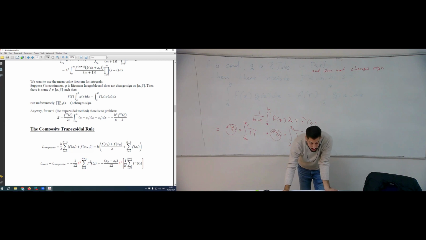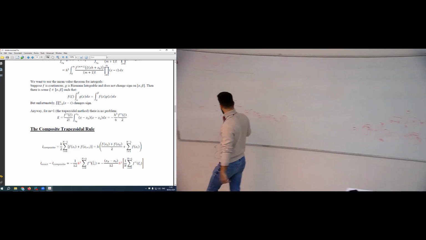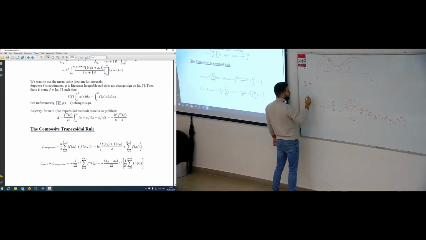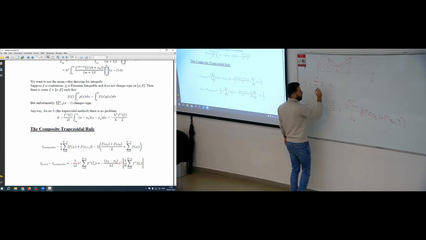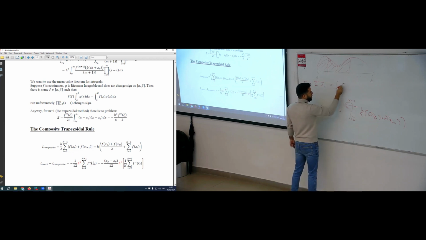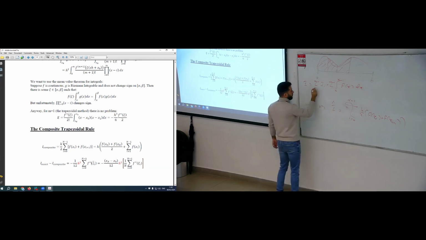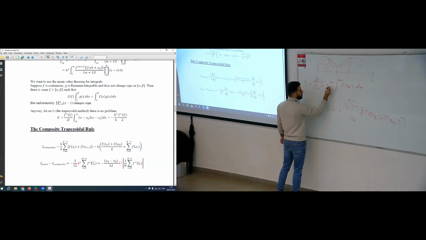Why would you have that error? Because my integral is the sum of integrals, from xi to xi plus 1 dx. This is my integral, okay? i from 0 to n minus 1.